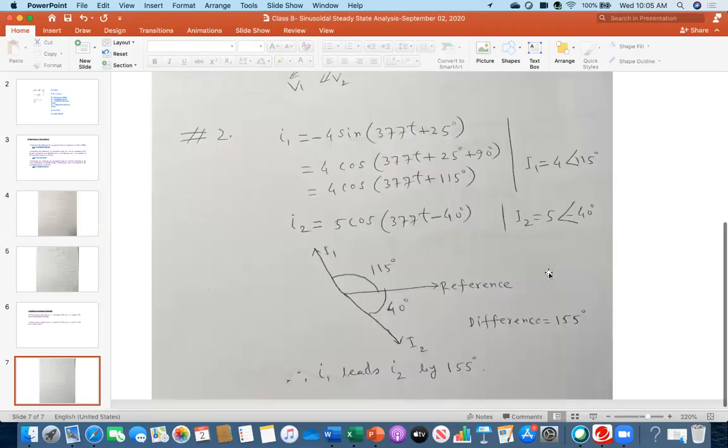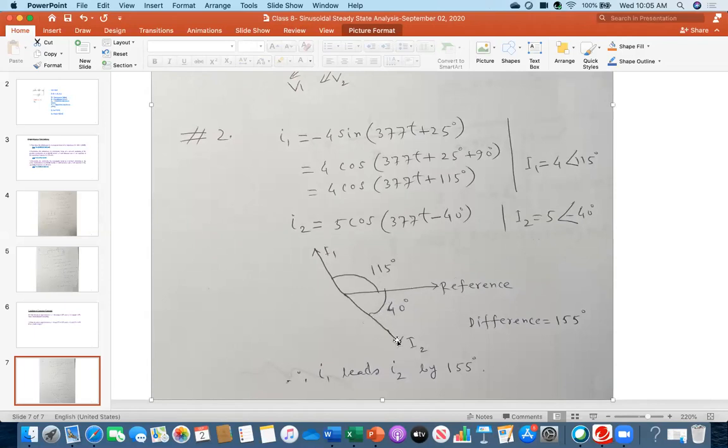Is this fine now? Everybody see, I am plotting these two. I1 is 4 angle 15, a positive angle, and this is my reference. I am going anti-clockwise up to 115. This is my I1. I2 was minus 40, so from the reference I am going 40 clockwise.